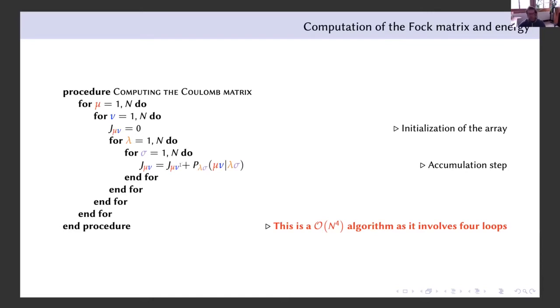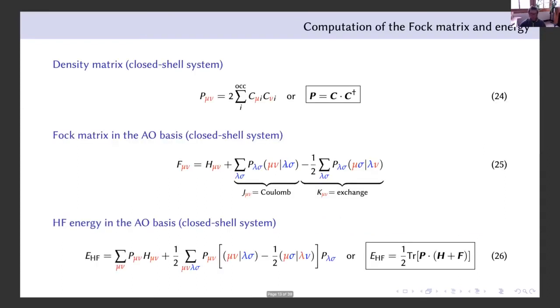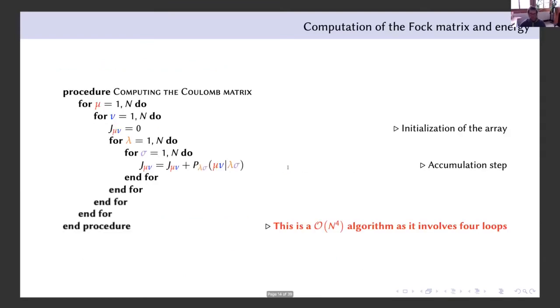For example, if I write my very basic Hartree-Fock program, I'm going to say I want to compute J, and J is given by this expression here. It's not very hard. I need to compute all the elements mu, all the elements nu, and I need to sum over lambda and sigma.